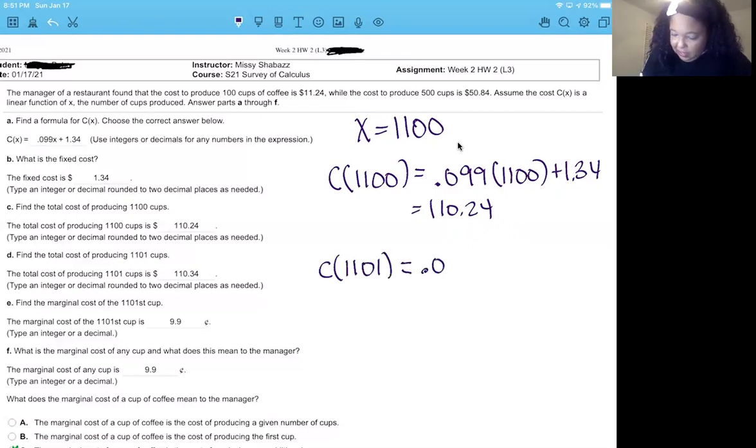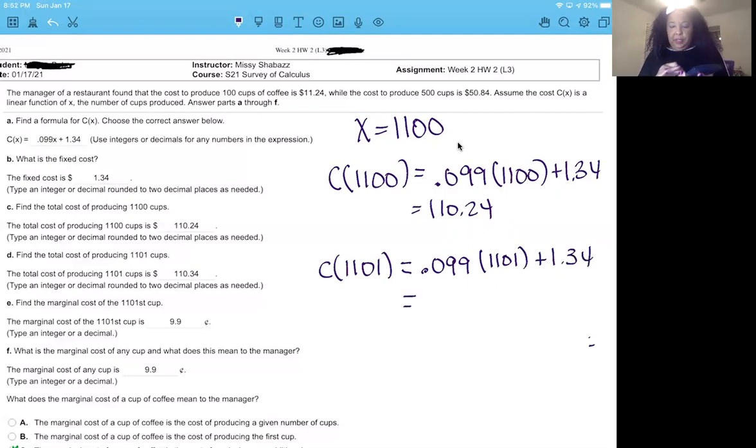And that is plugging in 1,101. Let's try that again. 0.099 times 1,101 plus 1.34.